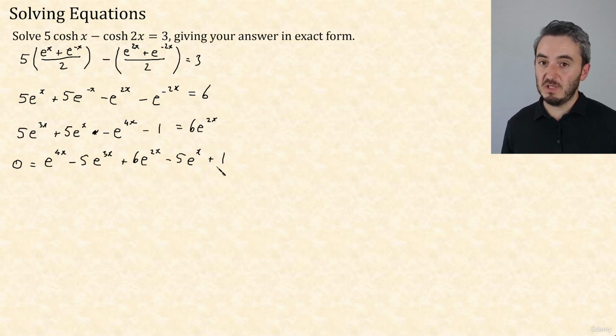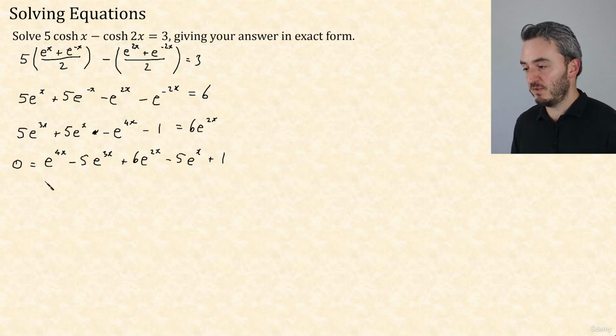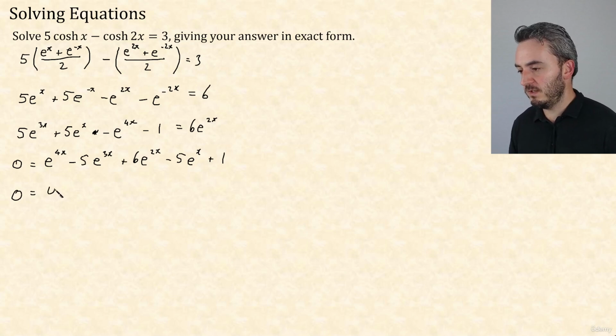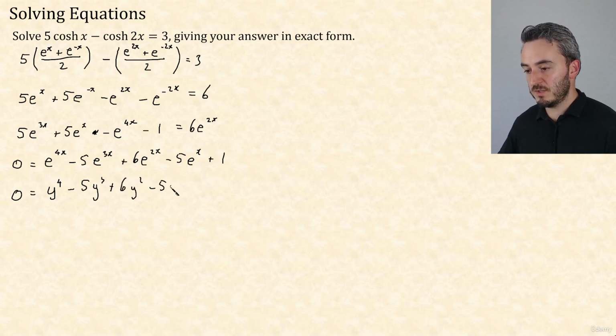So look, maybe you're very good at solving quartics, in which case congratulations, but if, like the rest of us, this doesn't sit so well with you, we'd want another strategy. Just to spell this out, this is basically y to the 4 minus 5y cubed plus 6y squared minus 5y plus 1. Now look, we can solve this.